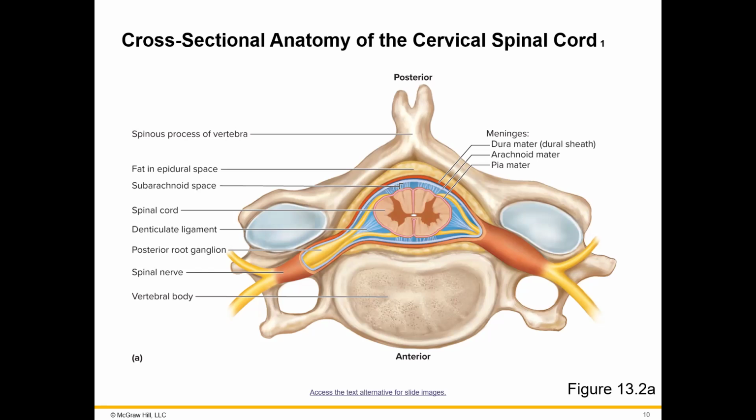So from this diagram here, when you see posterior in the back and anterior in the front, what does that tell you about the posterior horn and the anterior horn? Yes, so the posterior horn is responsible for receiving sensory afferent input, while the anterior ventral horn is responsible for efferent motor output.